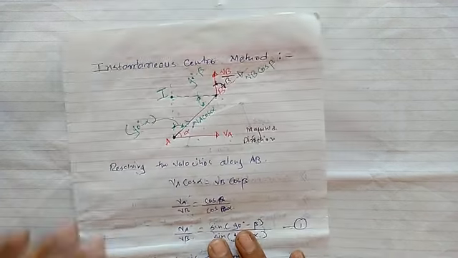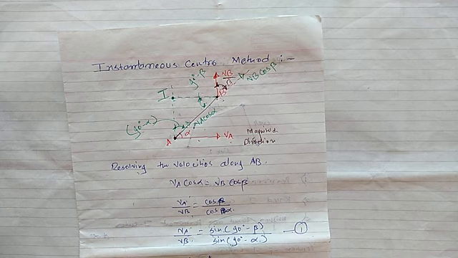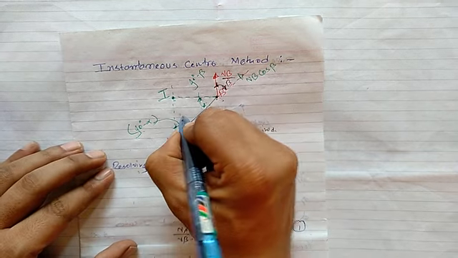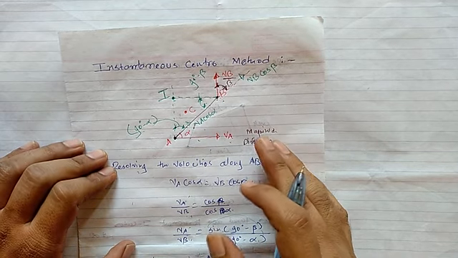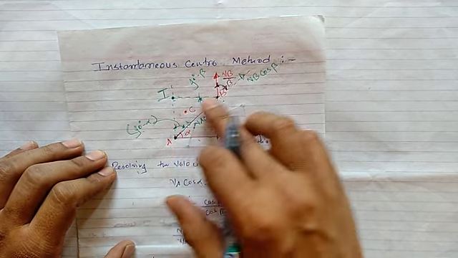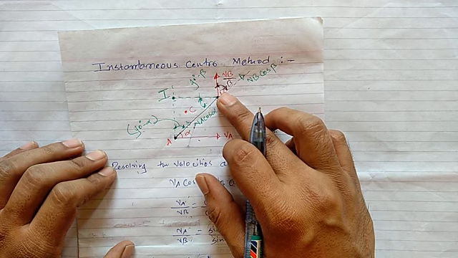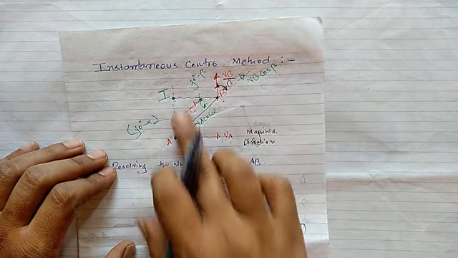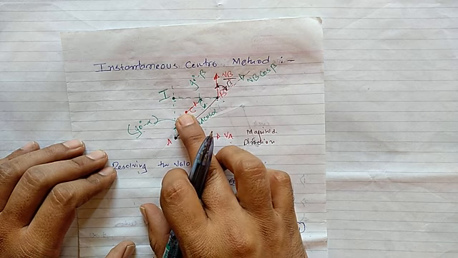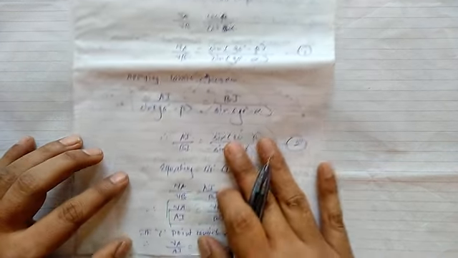Now suppose in this same problem I consider another point C, which lies outside the link AB and moves in this direction. How can you determine the velocity of that point C? By using the same relation.